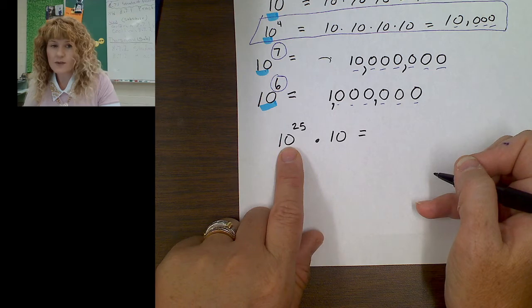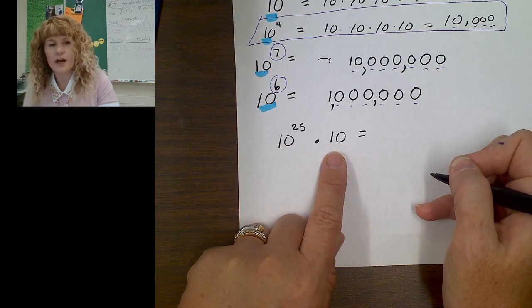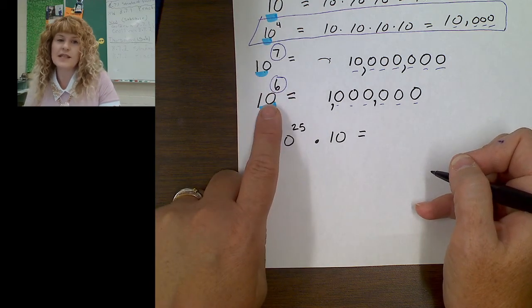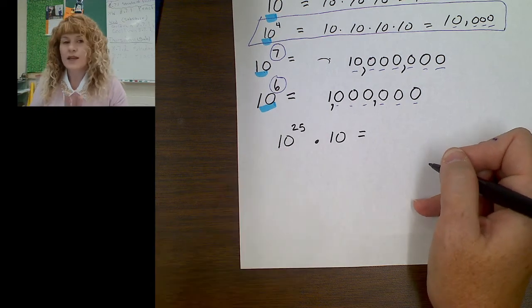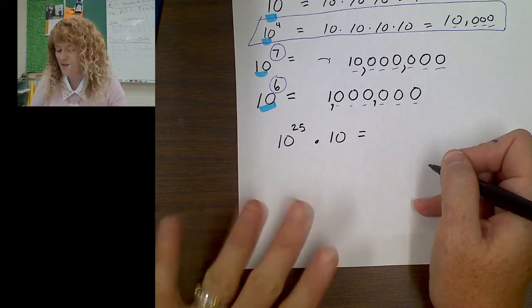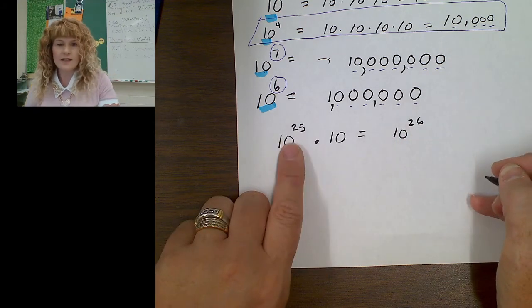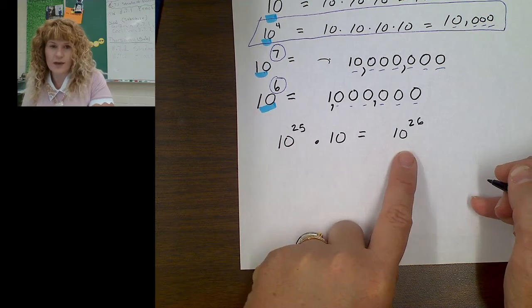Well, if it's 10 to the 25th and you're multiplying by another 10, you're just going to put on another 0. But we saw that it increases the exponent one more time. It increases the exponent by another value, so this is 10 to the 26th. 10 to the 25th times 10 gives you 10 to the 26th.